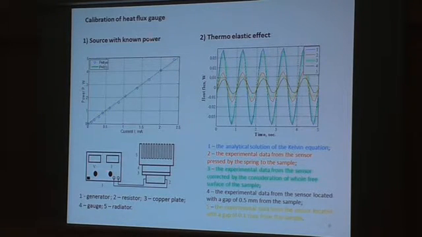First step, we have calibrated this gauge using an additional setup with controlled heat flux, and we check the possibility of this element to measure the coupling between heat and elastic properties. So I'm sorry.